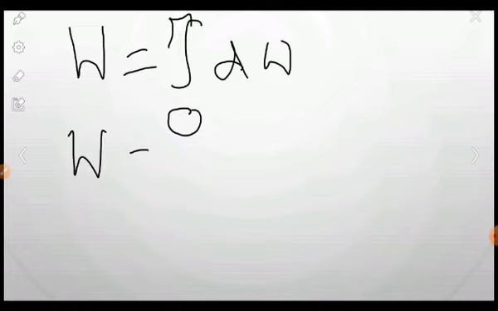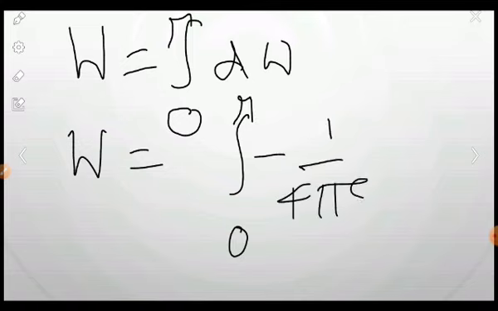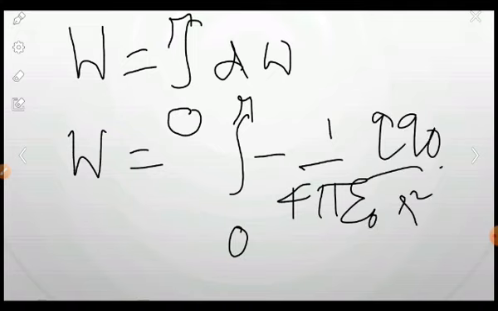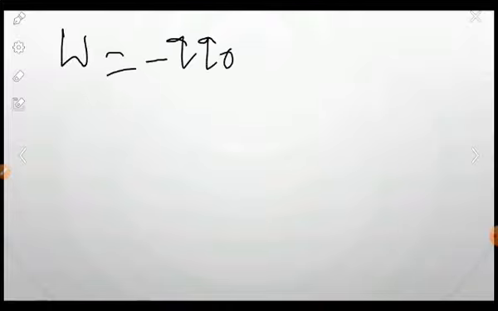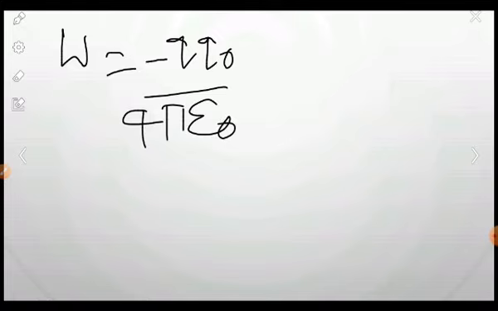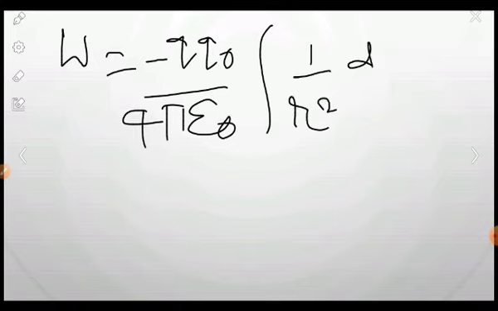So W equals integral 0 to r of minus 1 by 4 pi epsilon naught q Q naught by r square into dr. Then W equals minus Q naught by 4 pi epsilon naught, taken outside the integration, 1 by r square dr, and the limits are 0 to r.